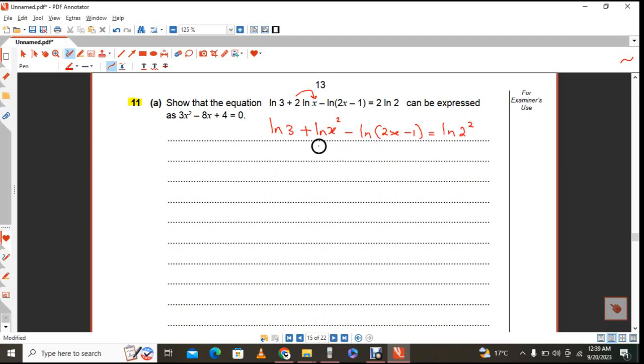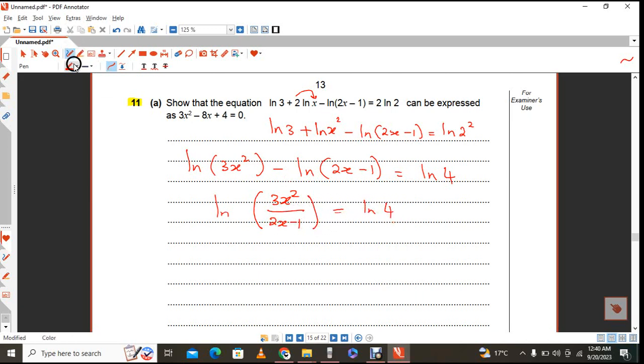Anyway, when you are adding logs with the same base, you just multiply the numbers. So this is natural log of 4. If you're subtracting, you are going to divide: 3x squared over 2x minus 1 equals natural log of 4.